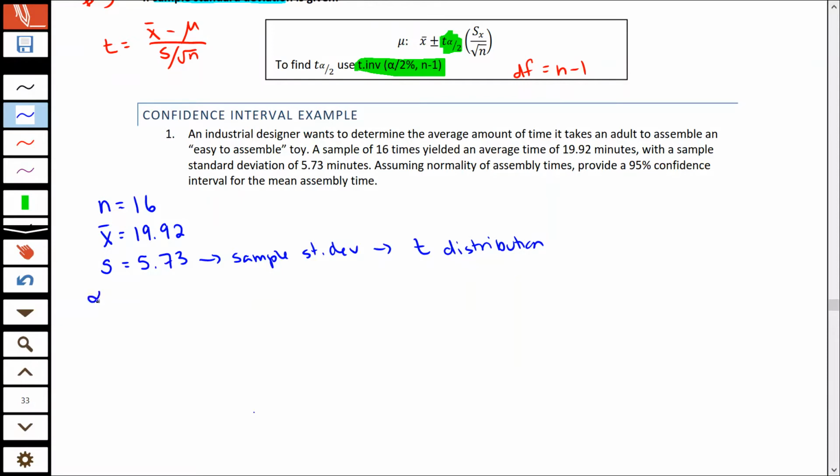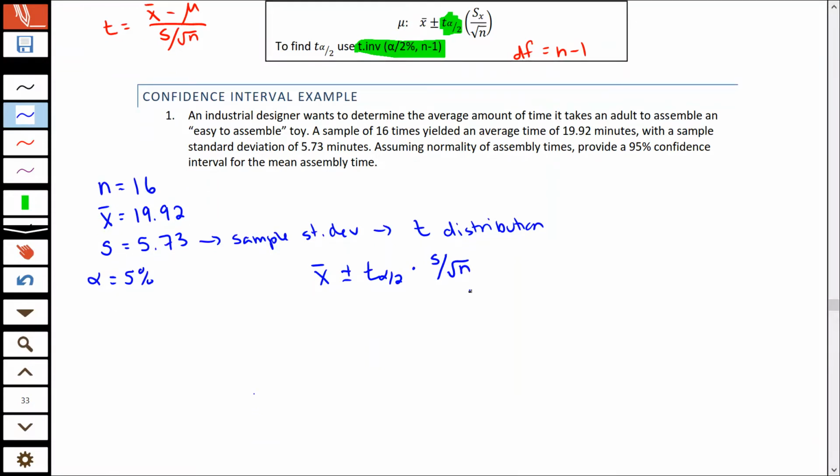So 95% confidence interval means our alpha is 5%, and it's going to, again, explicitly ask us for our confidence interval. And because of that, we know that our formula with our T distribution is x bar plus or minus that T value, which we're going to have to find, and then our standard deviation divided by the square root of n. And so we have everything we need except for that T value.